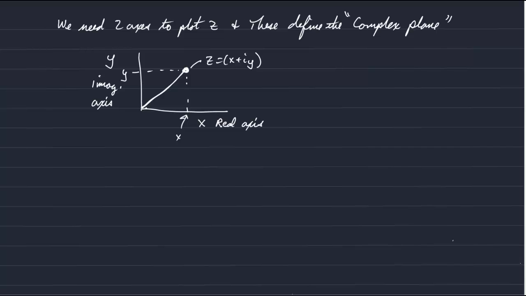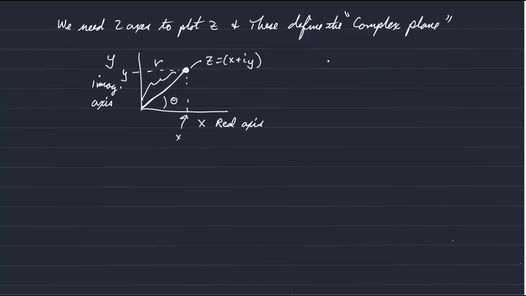And we'll talk about this later, but we can describe this coordinate also in terms of polar coordinates, where it has an angle theta from the real axis, and it has a length of r from the origin.